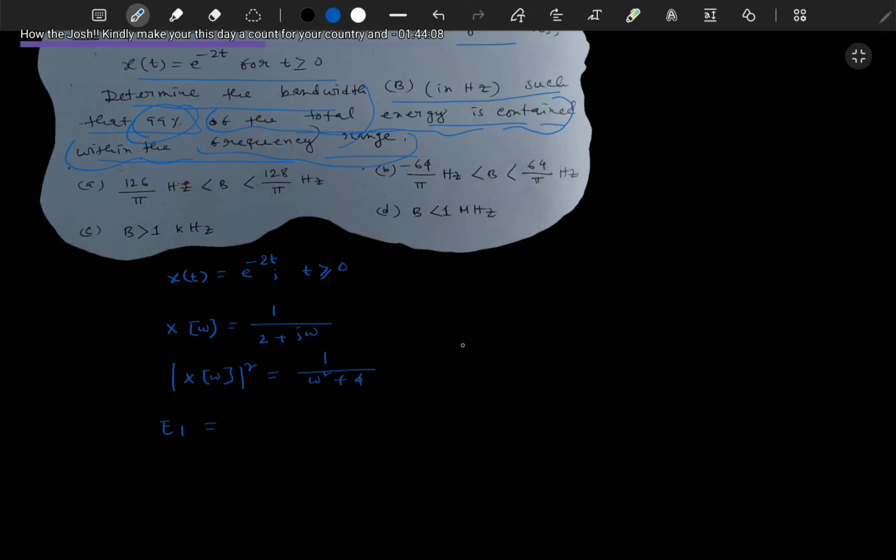If we want to calculate, wait for just 30 seconds. I know I can do it. I have something by which I can solve this. Yeah, I have got this. Just a second.